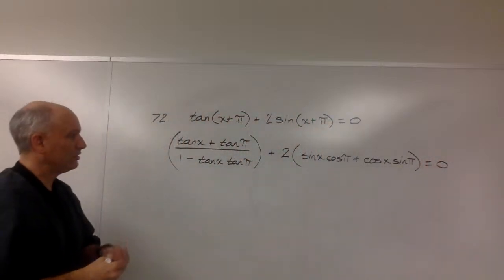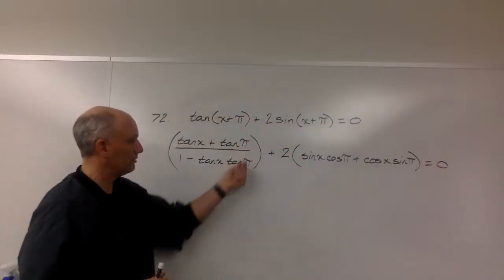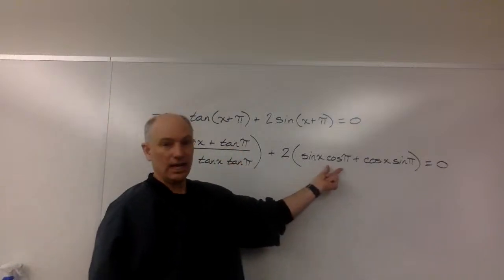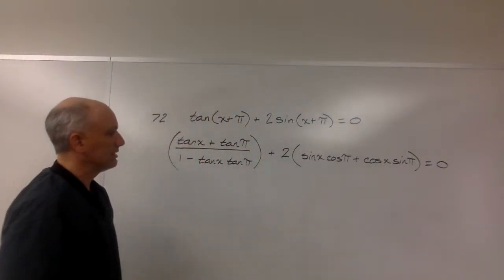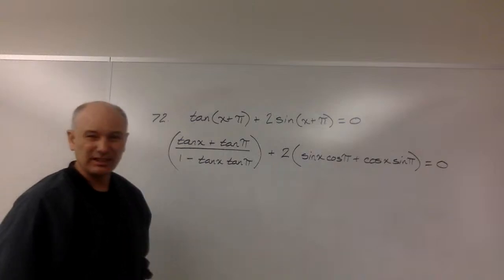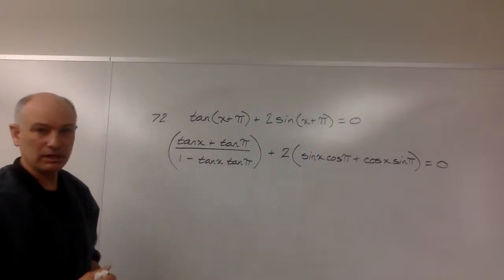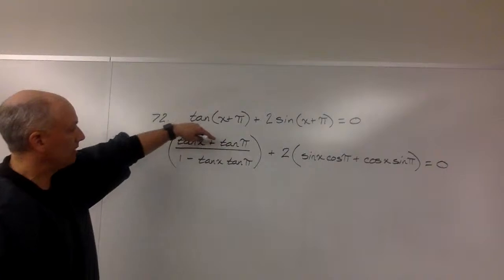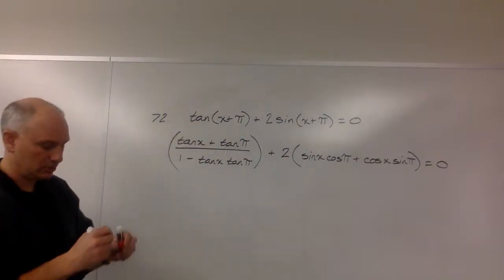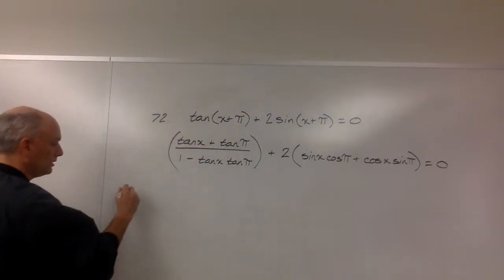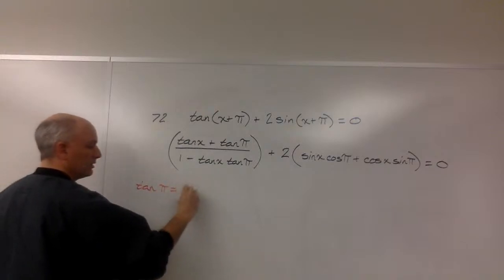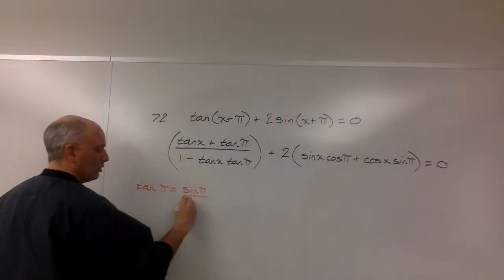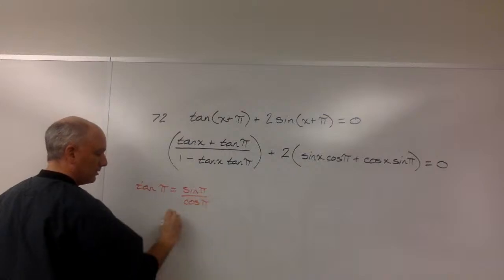Now, keep in mind, you can do the substitutions of these values at any point in time that you want. In this particular case, I'm going to probably do a little bit just because it might help clean some things up. Now, let's take a look at that idea of tangent of pi for a second. So tangent of pi is going to be equal to the sine of pi over the cosine of pi.